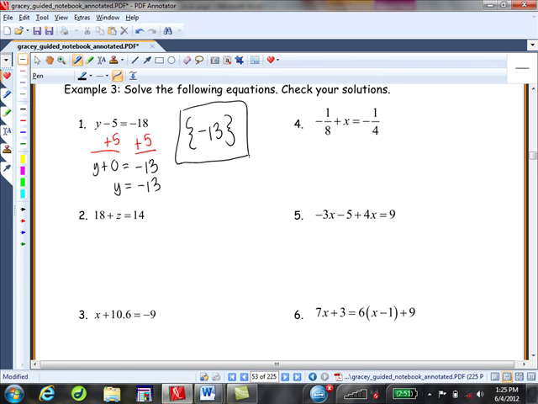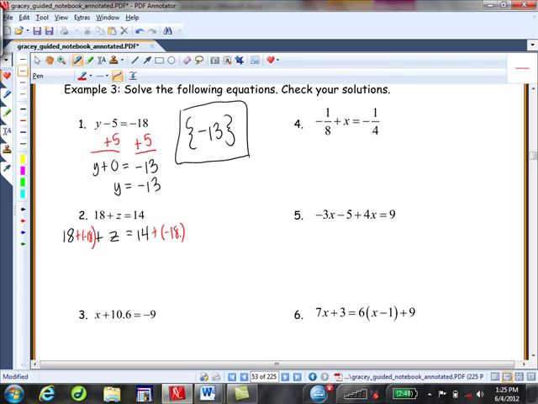With number 2, what we need to do here is isolate the z. So here, do you see that? Let's leave the 18, and then we'll leave a space and have the plus z is equal to 14. So we need to add a negative 18 to both sides.